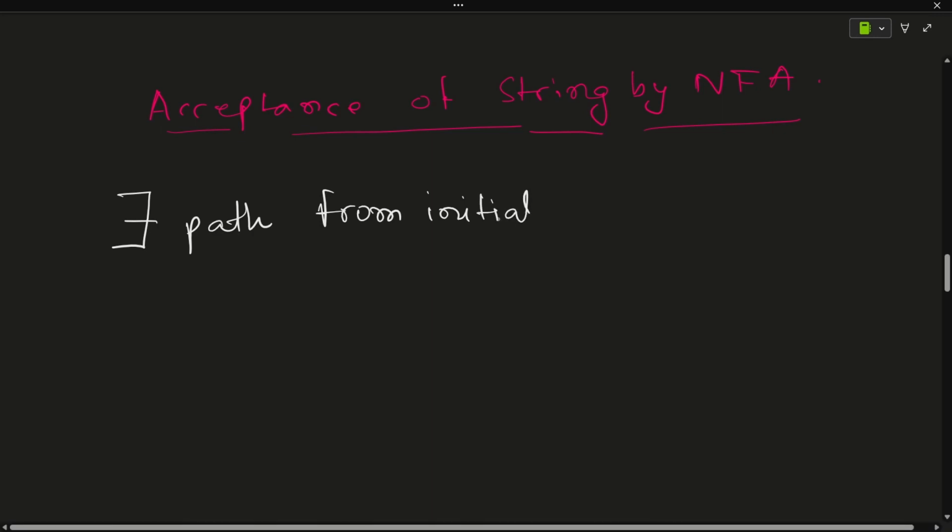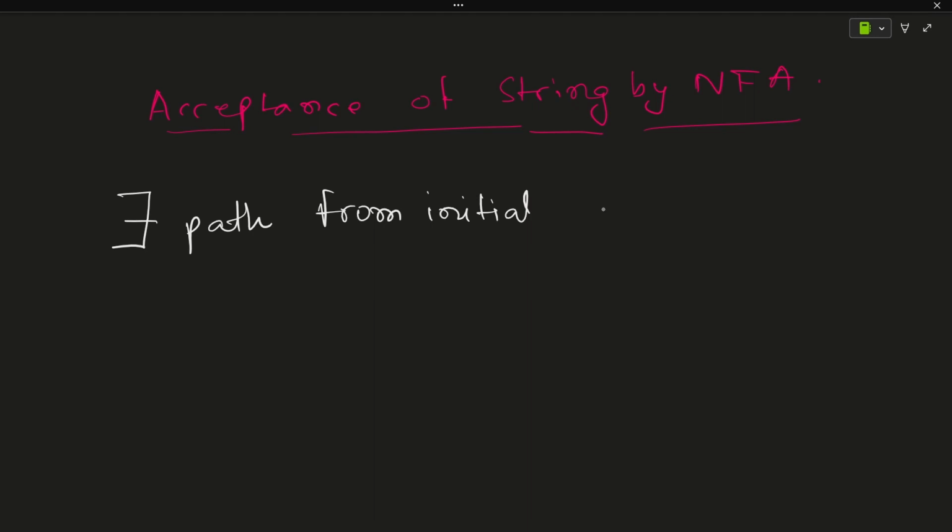At least one path. You have seen there are multiple paths of reaching the final state. In an NFA there are multiple paths.